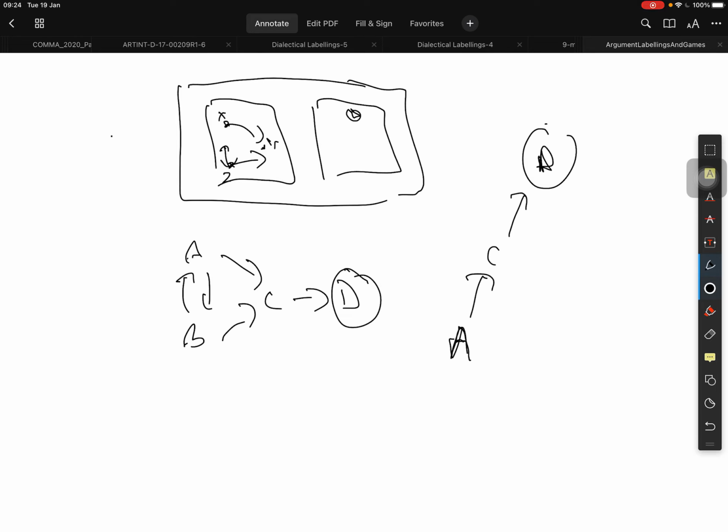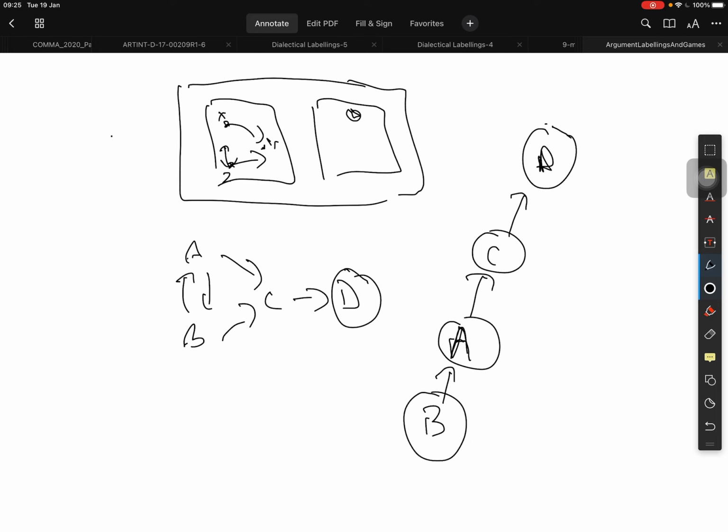Then the computer can reference the framework and note that B attacks A. So the computer moves B. So at each stage, the user or the computer references the framework, and for every move made, it looks at the framework and sees whether an argument attacks that move and makes that move. So the user moved D, the computer moved C, the user moved A, the computer moved B.